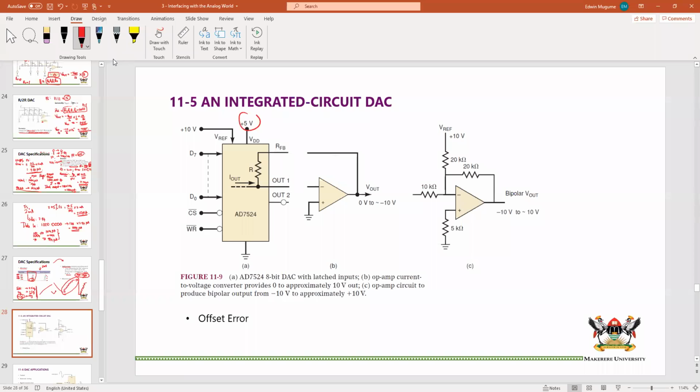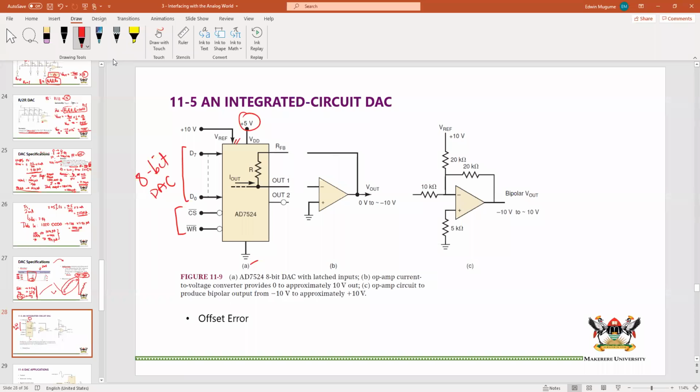You have the power that runs it, obviously, and then we have our reference voltage, this one. This reference voltage, we already know what it means. It gives you the full scale value of your conversion. You have your input, so this is an 8-bit digital to analog converter.